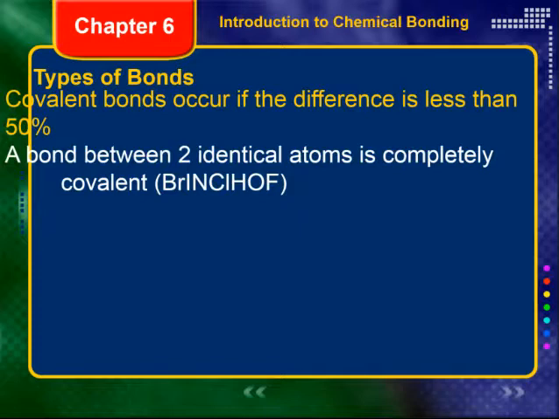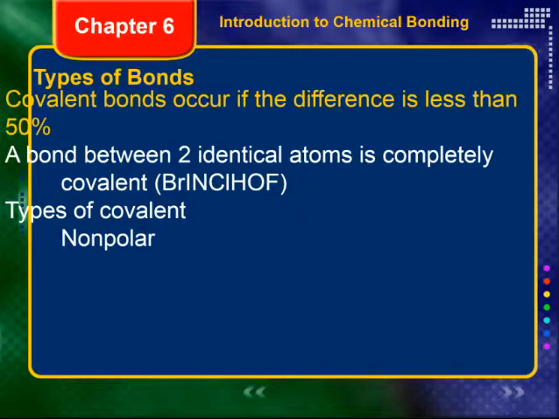Bromine, iodine, nitrogen, chlorine, hydrogen, oxygen, and fluorine all will form diatomic molecules, meaning when you have pure bromine or pure iodine or pure nitrogen or pure chlorine or pure hydrogen or pure oxygen or pure fluorine, it's going to be Br2, I2, N2, Cl2, H2, O2, or F2. For you to have one molecule of any of these 7 elements, it requires 2 atoms, right? Diatomic molecules.